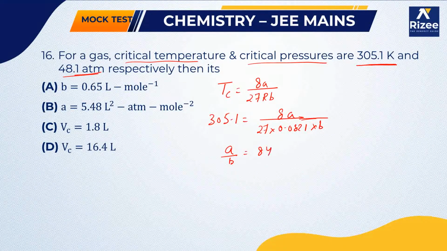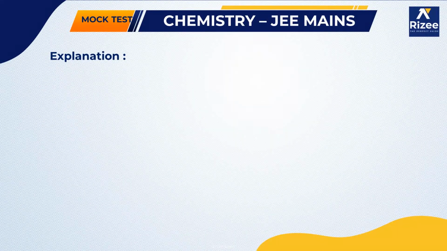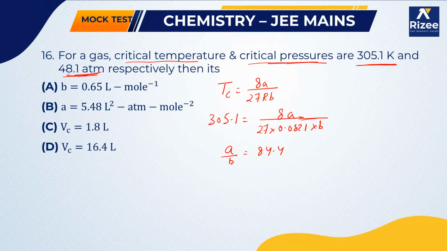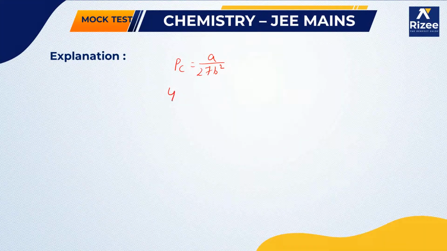Next, moving on to the critical pressure. He has given critical pressure as 48.1 atm. So critical pressure Pc is equal to, we can write a by 27b square. So how much critical pressure has he given? 48.1 atm, so we can write 48.1 is equal to 1 by 27b into a by b.